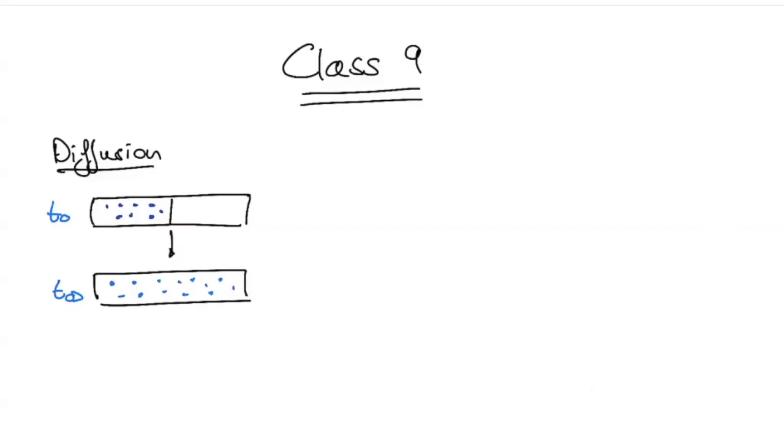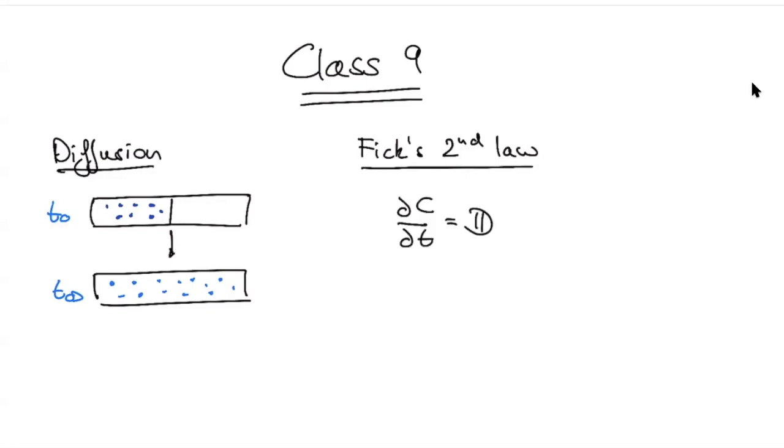Okay, so how can we describe diffusion? The easiest one is called Fick's second law of diffusion, which says that dc/dt is the diffusion coefficient times d2c/dx squared.